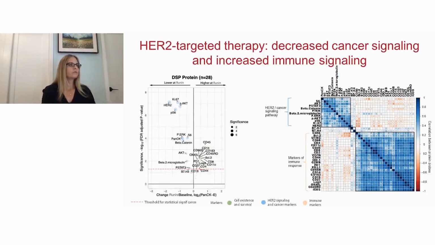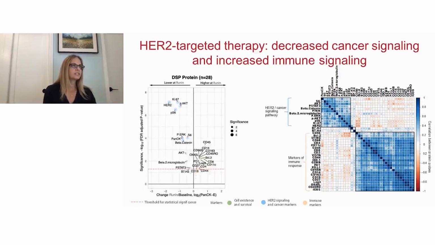So when we look at what's taking place overall in these individual tumors, what we can see is, by looking at a volcano plot where we're showing the change in expression in the pan-cytokeratin enriched regions of the run-in versus baseline time point, and then plot the negative log 10 FDR adjusted p-value, that a variety of tumor markers, in particular HER2, but all of its downstream targets, are really dramatically decreased on treatment.